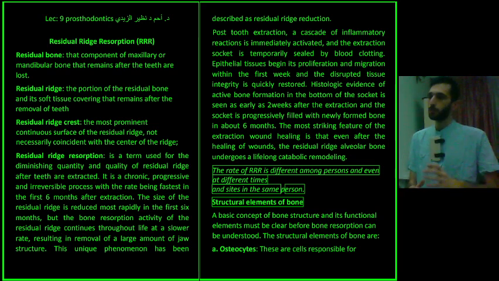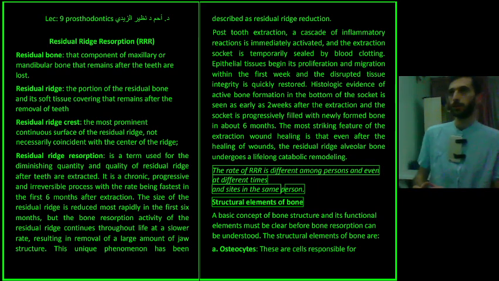But the bone resorption activity of the residual ridge continues throughout life at a slower rate, resulting in removal of a large amount of jaw structure. This unique phenomenon has been described as residual ridge reduction.